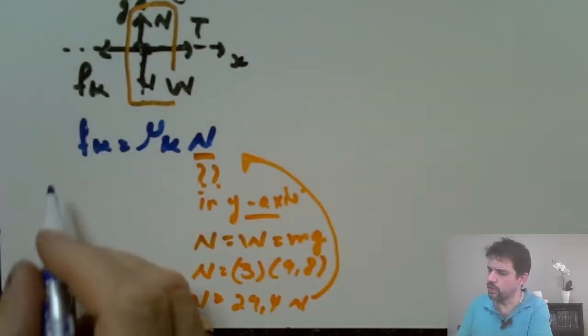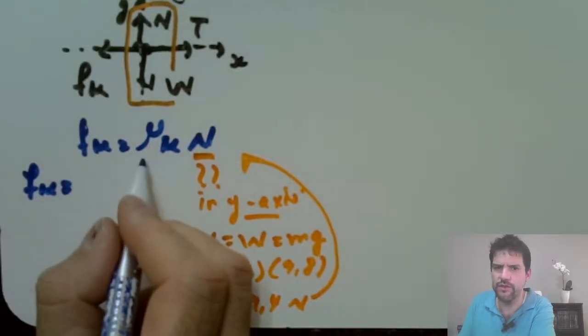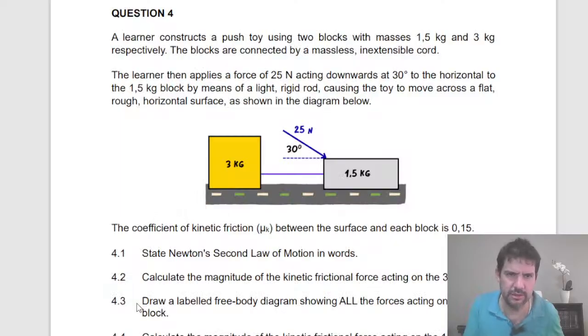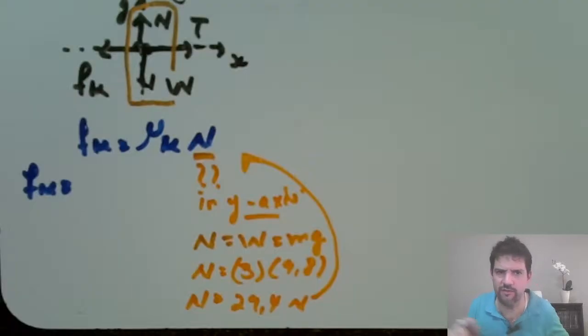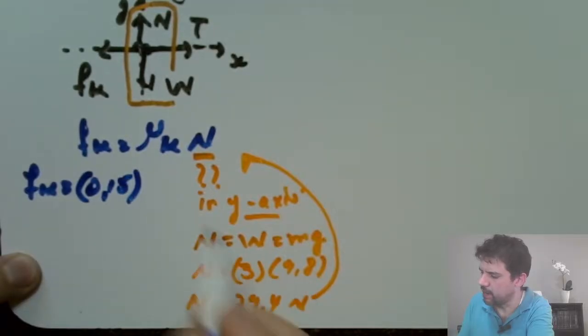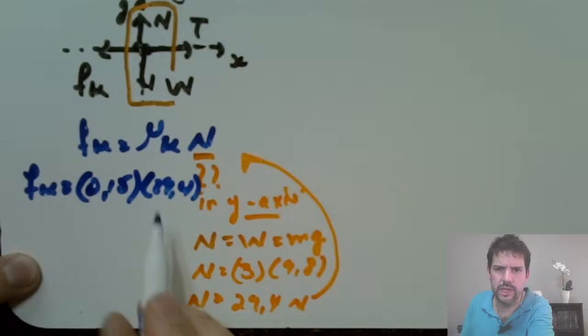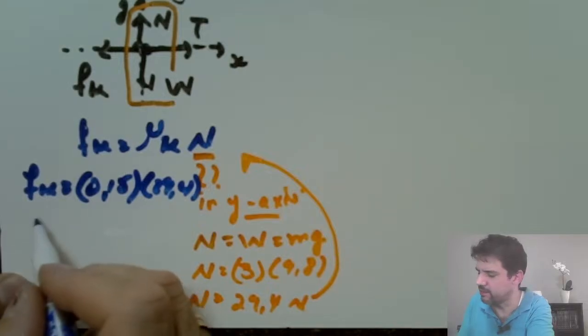So now we substitute, we have that Fk is equal to the kinetic coefficient of friction. Let me see, my memory is not good. It's 0.15. So this is 0.15 multiplied by 29.4. Trying to squeeze it in because of the space on my little board.